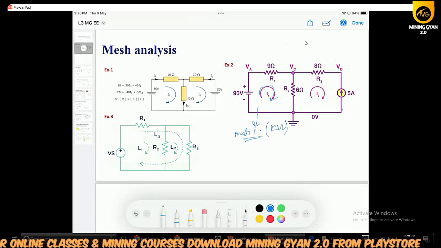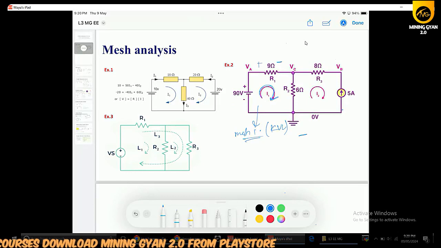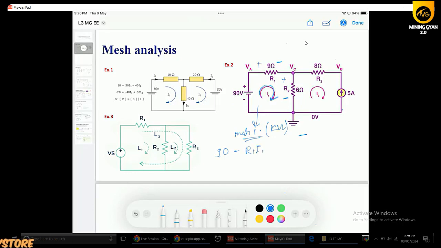If current is flowing in this direction, then there will be a potential drop across this element, and then we have to write the equation. That means 90 volts minus R1 I1 minus R2 (I1 minus I2) equals 0. This will be equation number 1.